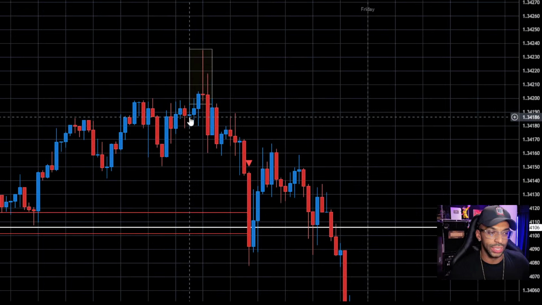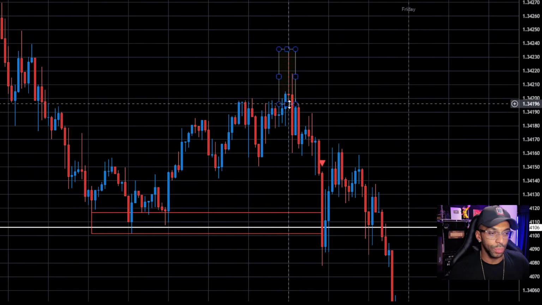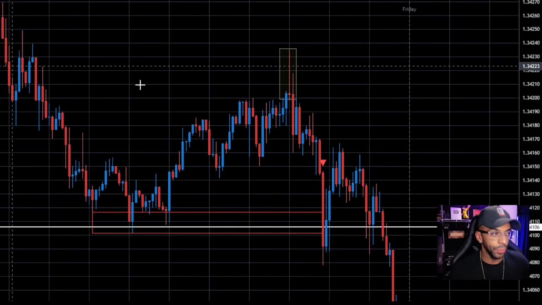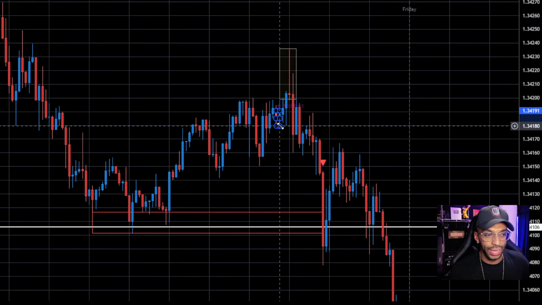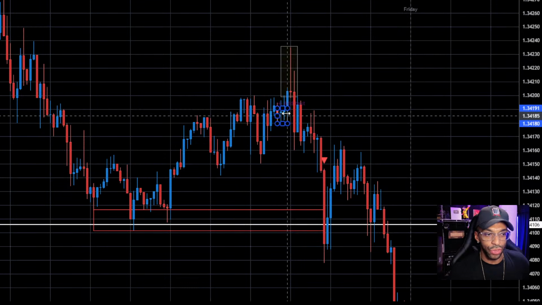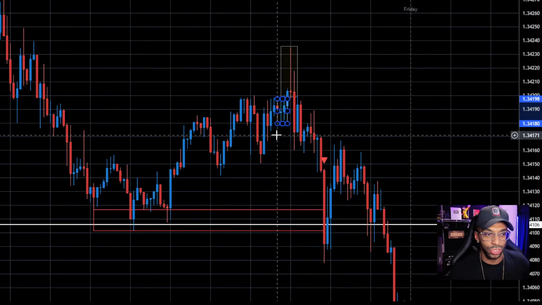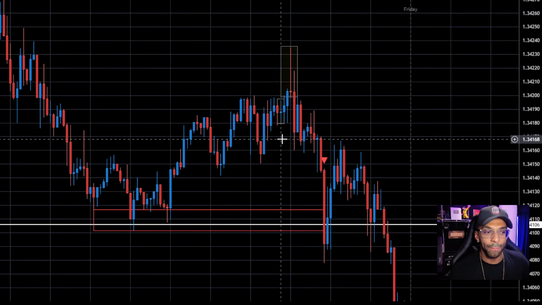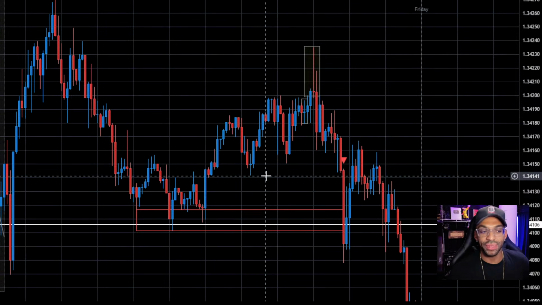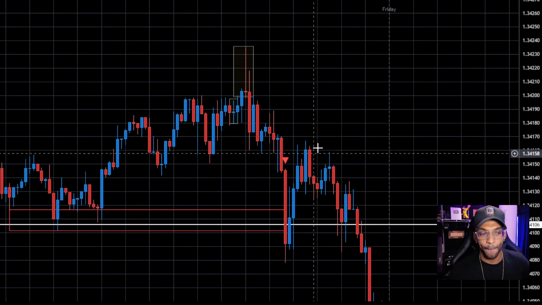Like right here, for example, in this example, this is an uptrend, so you might get multiple indications that buyers are actually losing control. Why is this good to know? Because if you're in a buy right now and you see multiple indications that buyers are losing control, it might be time for you to start looking for your exits.